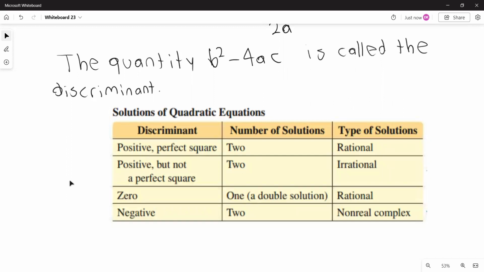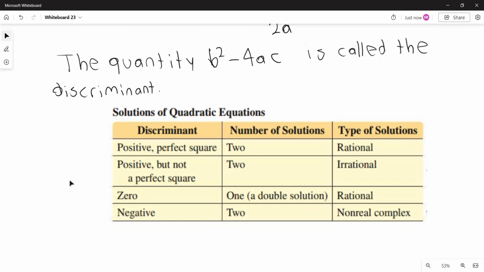Okay, so when the discriminant is positive and a perfect square, so a perfect square is a number like 9, whose square root is 3, or 16, whose square root is 4, or 25, whose square root is 5, there are going to be two real solutions, and they're going to be rational.